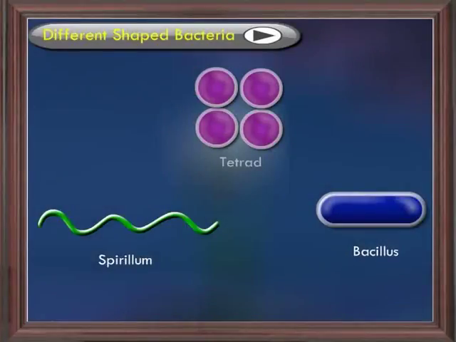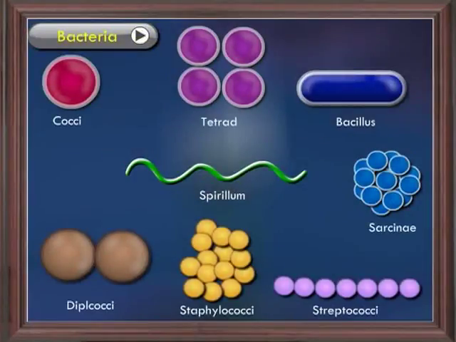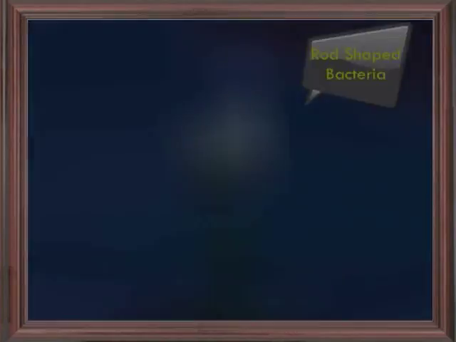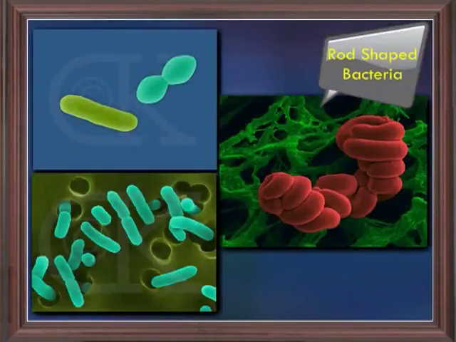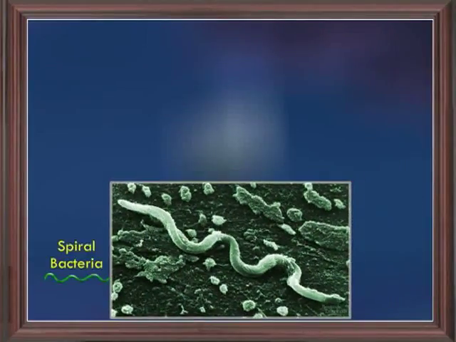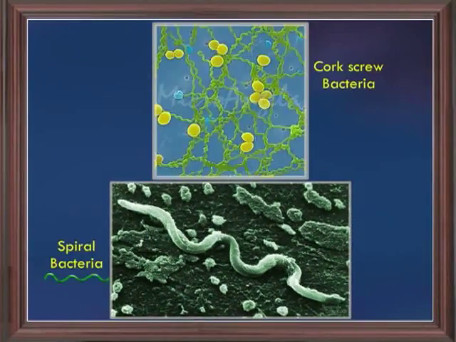See the different shaped bacteria in this image. What is the shape of bacterial cell? We can see bacteria in many shapes. Some are round, some are rod shaped, and some are spiral or corkscrew shaped.